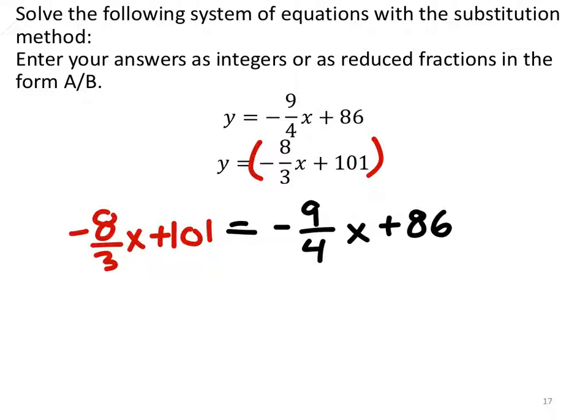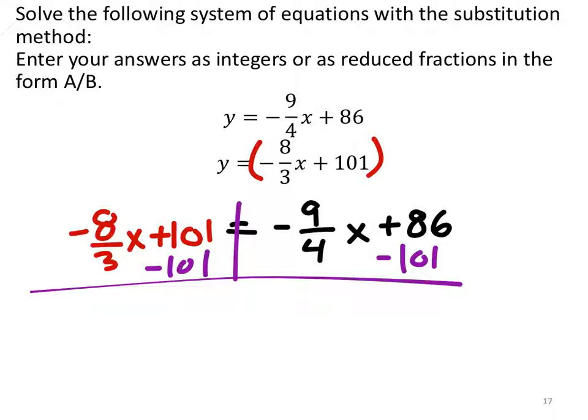Because it doesn't matter. I would have put them on the left as well, which means that that 101 is in the wrong position. We need to subtract it from both sides. But also the negative 9/4 x is on the wrong side as well, so we'll have to add it to both sides. The reason we're adding it is because it's going to zero that out.